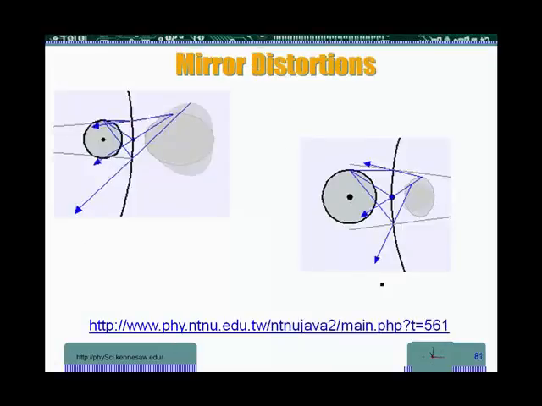So actually, if I have an object like this, DO for this is different than DO from here. What does that mean? That means that we are going to introduce a distortion on our object. So our image is not going to look like it has the same shape as our object. So our sphere here is going to look like this.